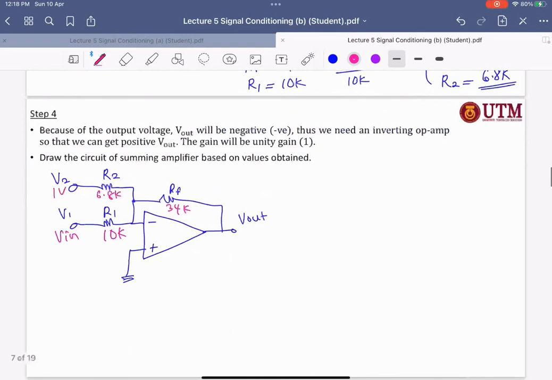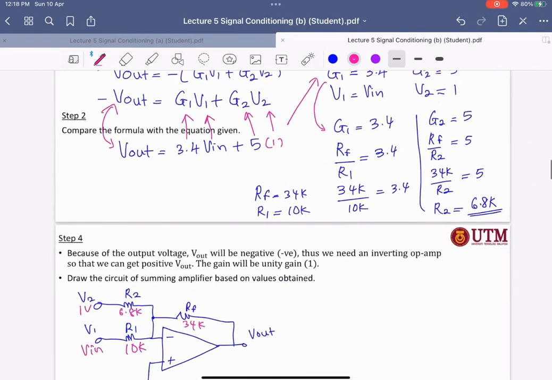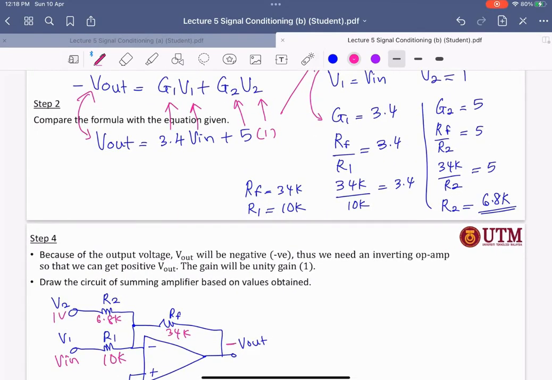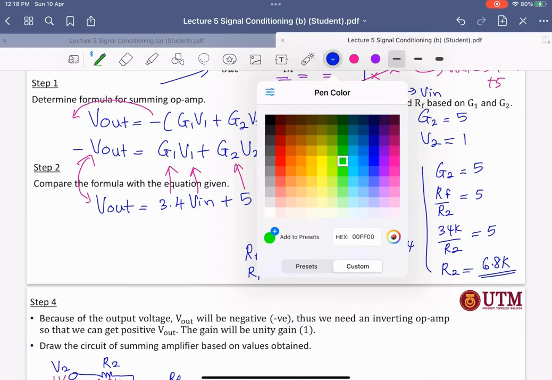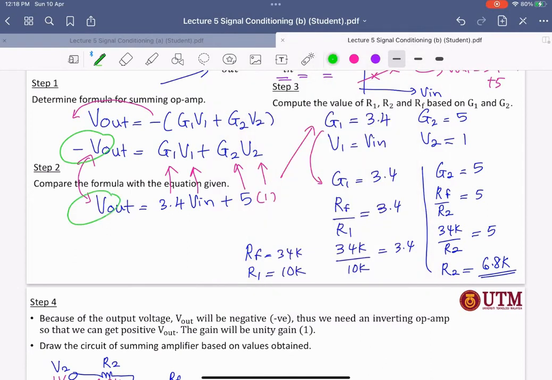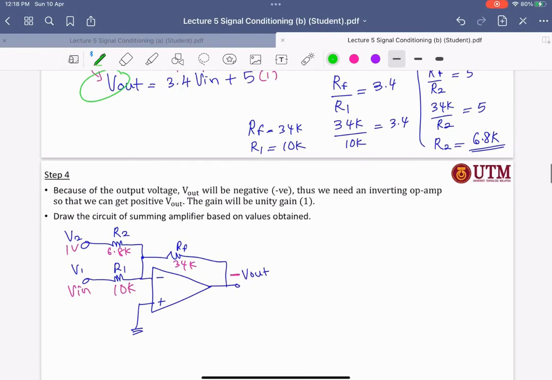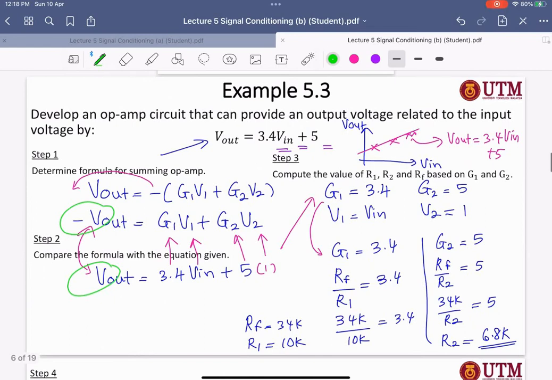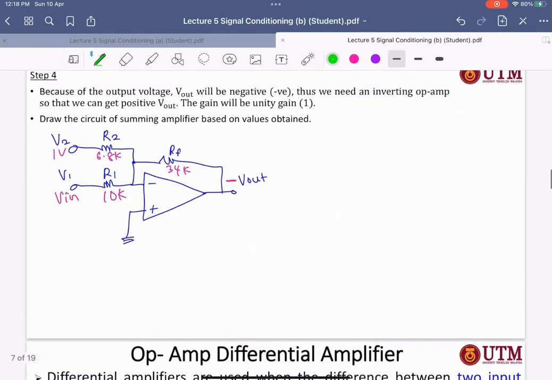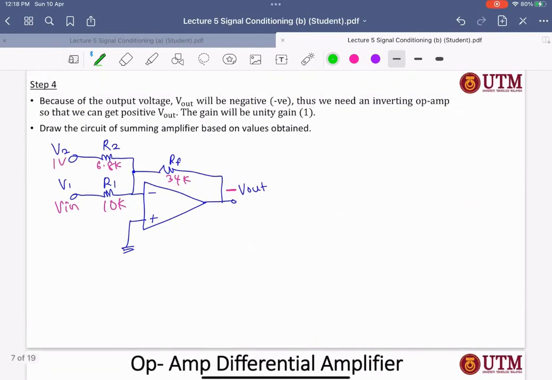When you use this formula, you will see that I get a minus. So how do we make it a positive Vout? Because this one needs a positive Vout. So what do you just need to do, guys?